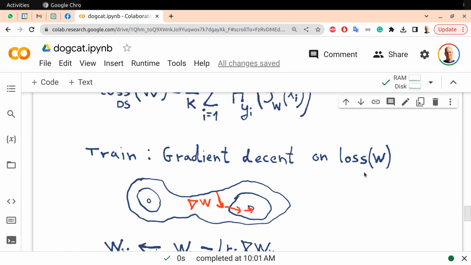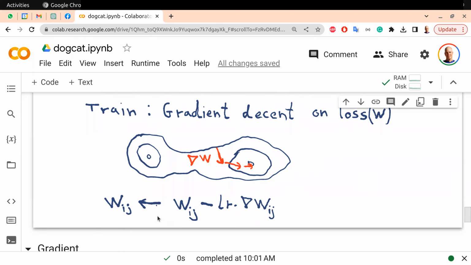And this is the update rule of the weights: the weight ij of the matrix is just updated using the corresponding element in the gradient, multiplied by LR, the learning rate. It's the gradient of the loss function.